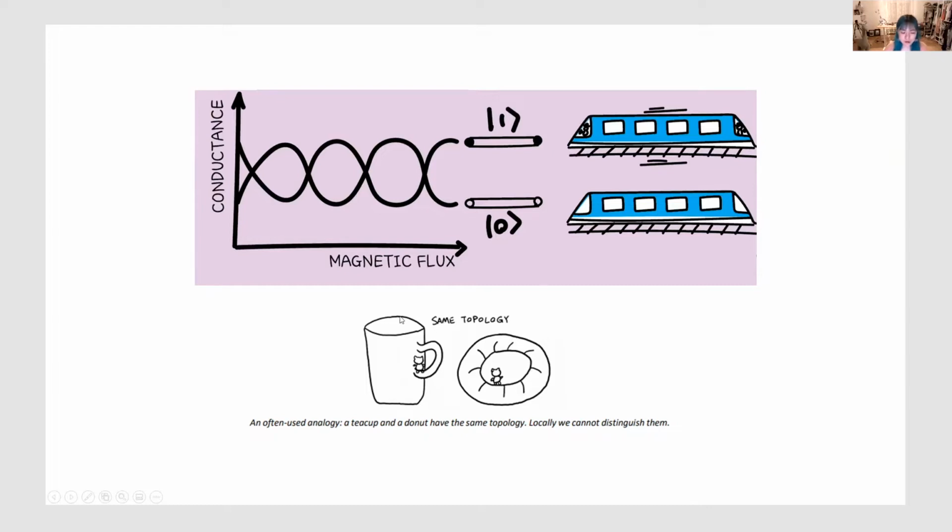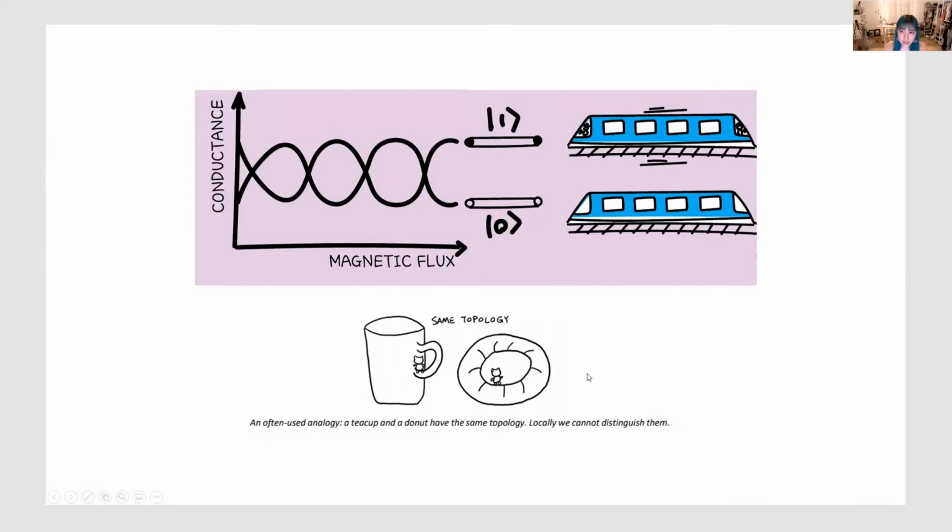But we often also hear and see an analogy like this: if you have these two items, a teacup and a donut, at a very local level, you wouldn't be able to tell them apart. They have the same topology, so you wouldn't tell them apart. Only when you zoom out at a global level would you then know which is which.